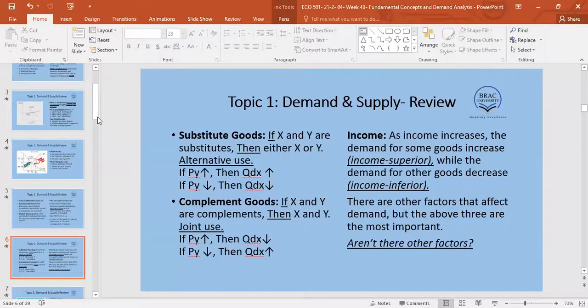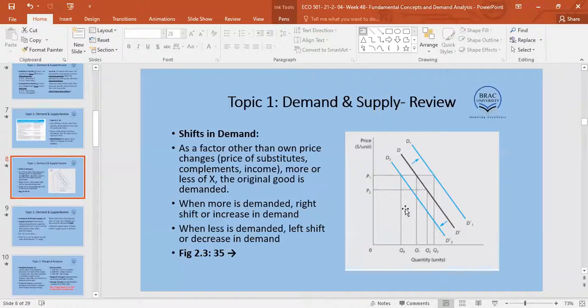Okay, lovely. Where is that graph? Oh, here it is. The black one is the original demand curve. For whatever external reason, our good has become more attractive than before.